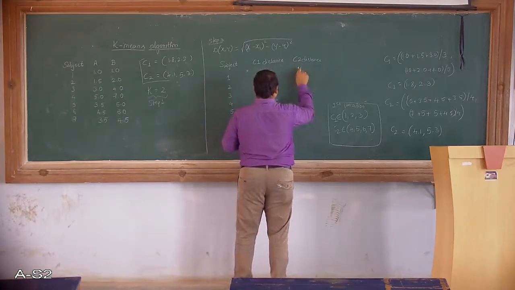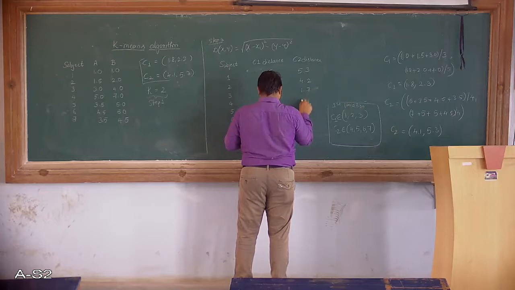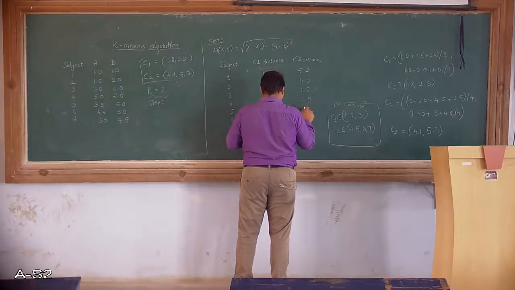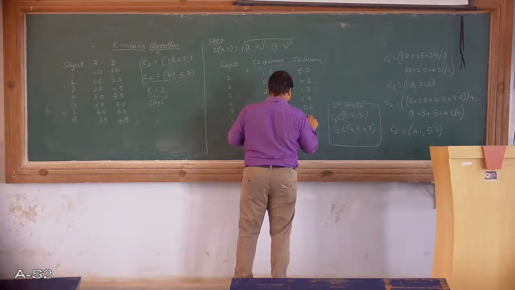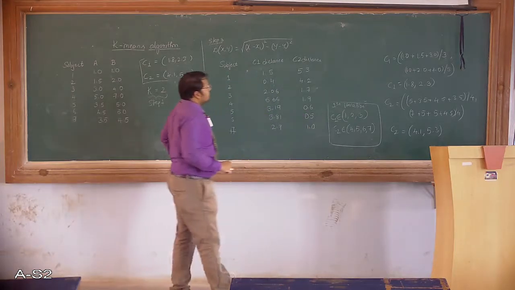For C2, we are going to get 5.3, 4.2, 1.7, 1.9, 0.6, 0.5 and 1.0. So now we have got these two distances.